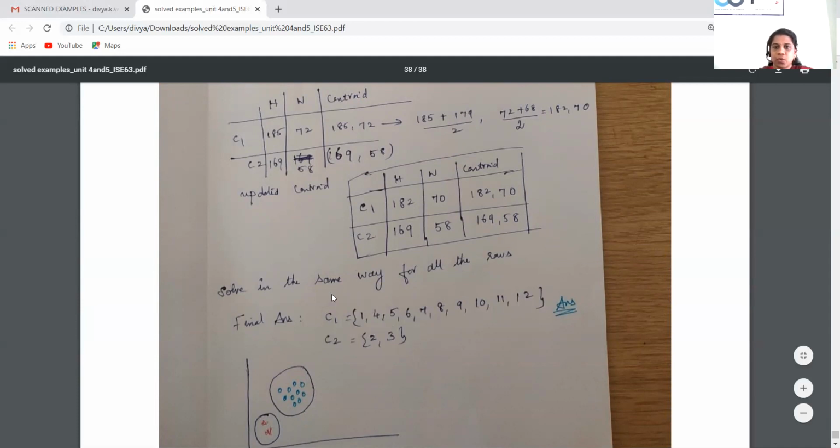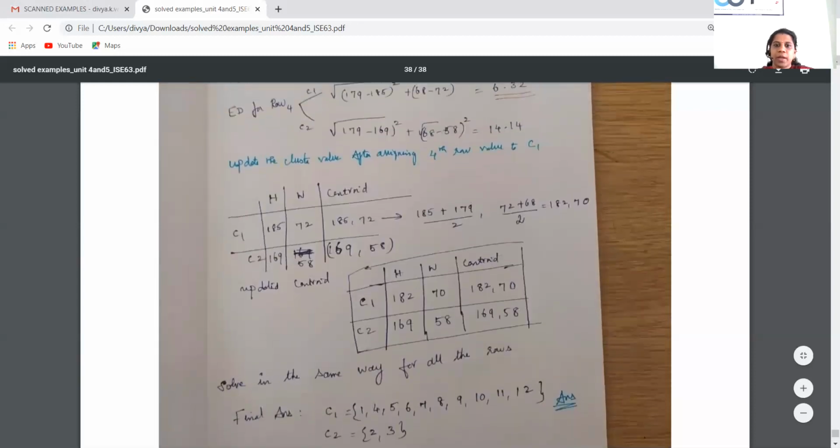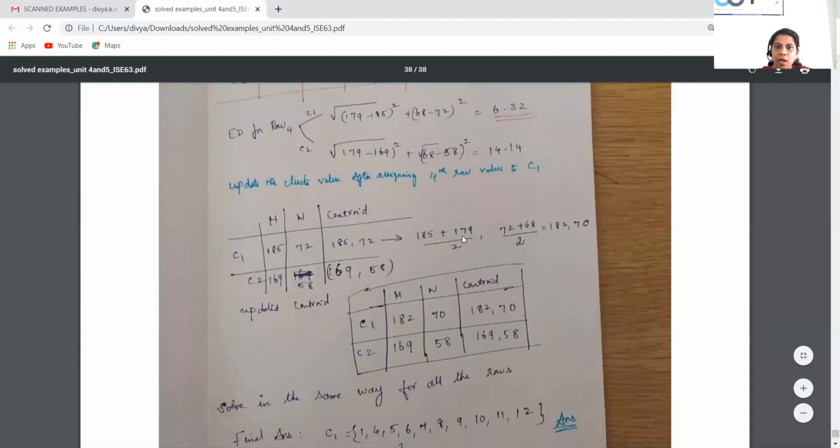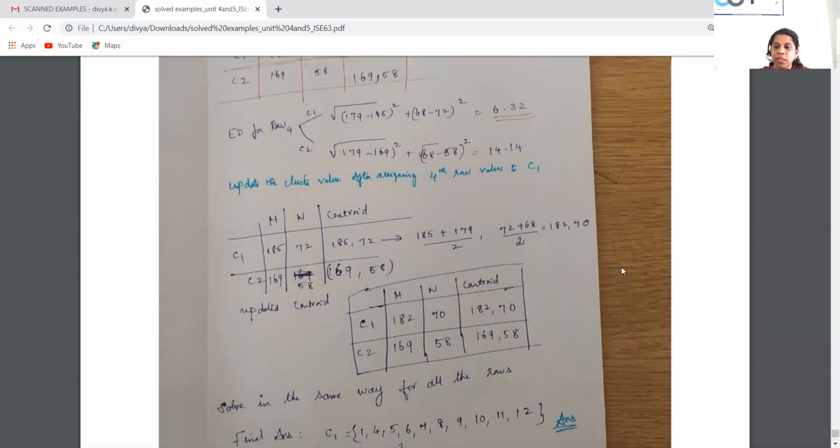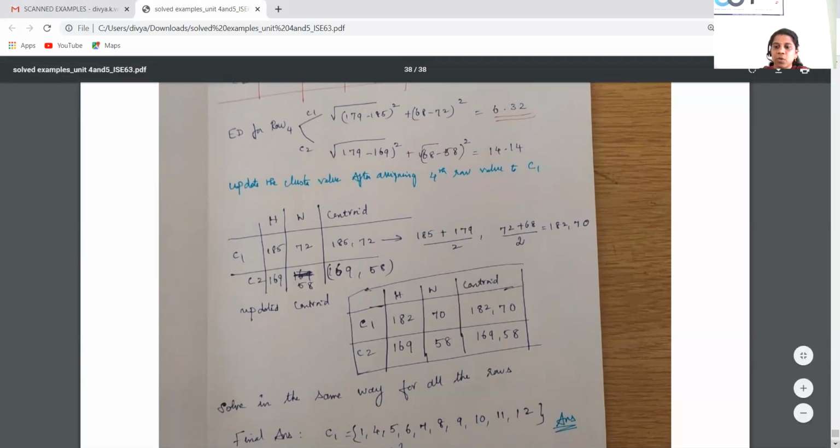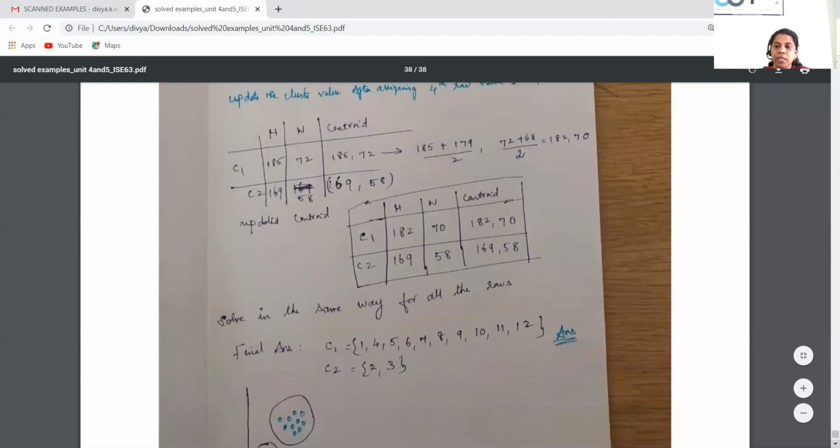So once again, after calculating the distance from each point, we will calculate the mean value and update the mean value. Then based on the mean value, again we will rearrange the clusters and get the new clusters. As we told, this procedure will be repeated until you get a final cluster.